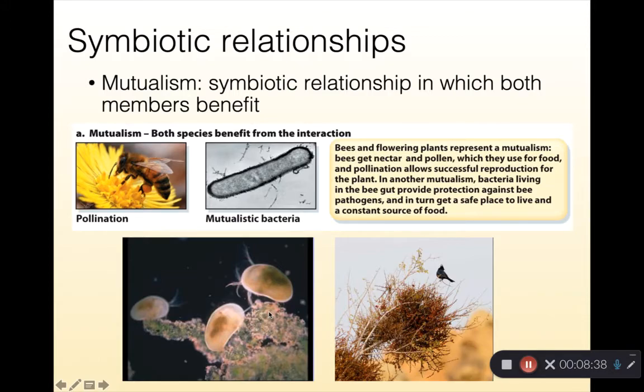And again, we can think about other types of pollination. We can think about how birds and mistletoe might interact, for example. Mistletoe creates berries that the birds can feed on, and it confers the advantage of being pollinated by the birds, and the birds gain nutrients from the mistletoe.